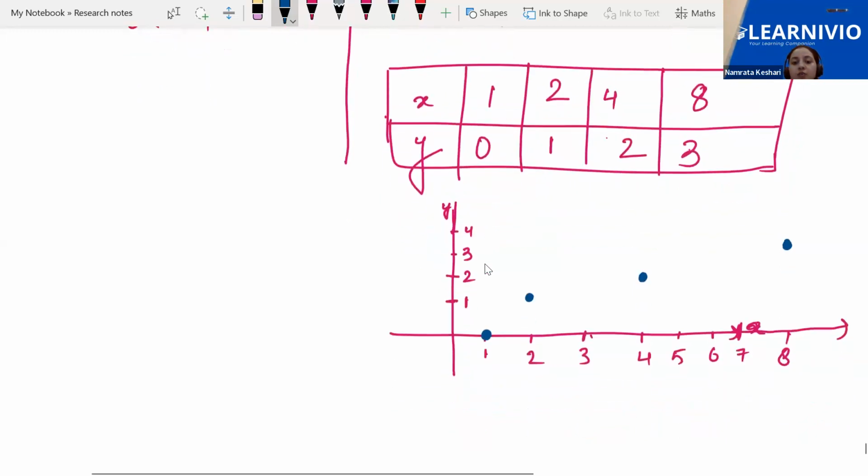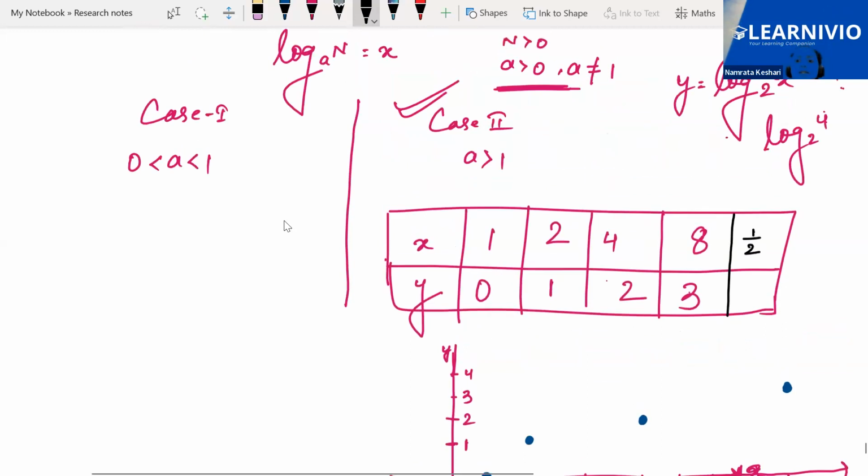Let me check what the result will be when we take x over here, exactly here. That means 1 by 2. If we take x as 1 by 2, what will be the y? Annapurna, please tell me what the y value will be.